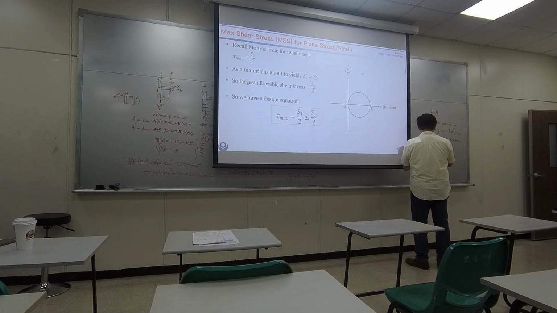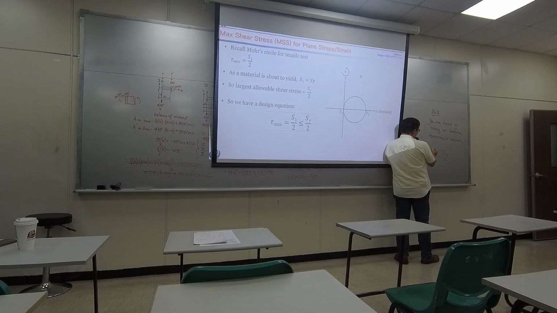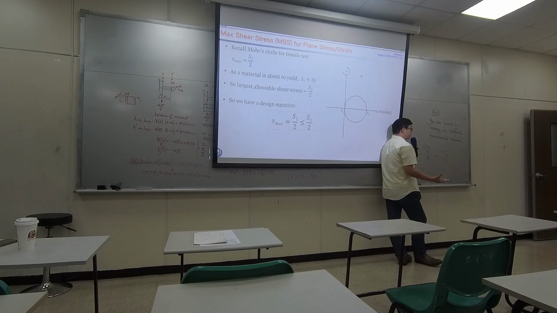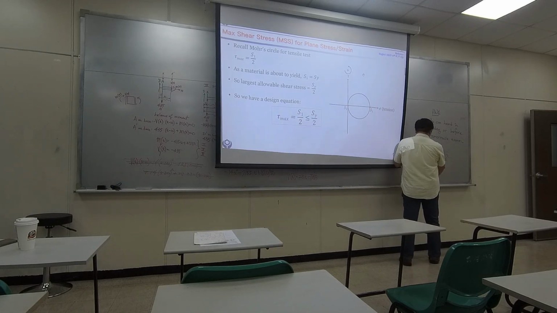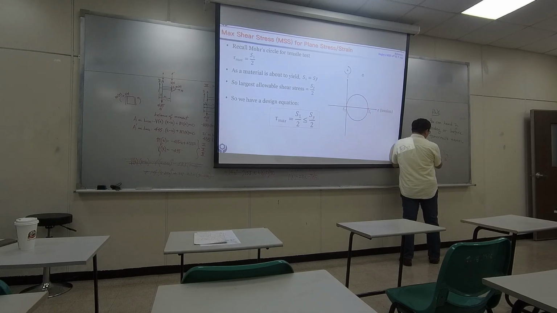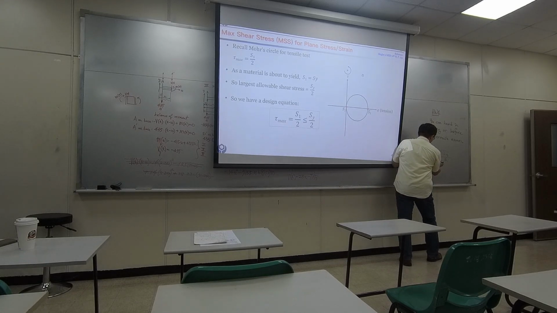So if you already have an equation like this, what does it mean? If you change your material, I should say, let's say when it's about to yield, then this is like an equal sign.